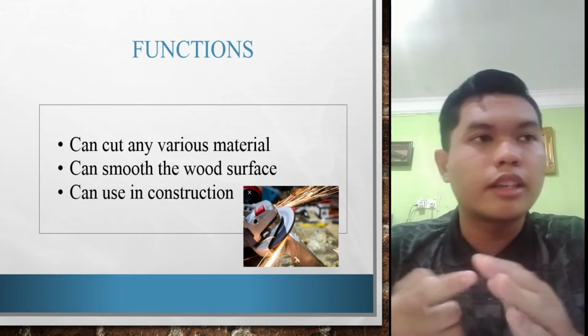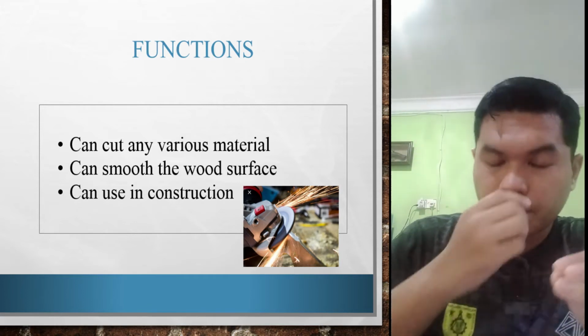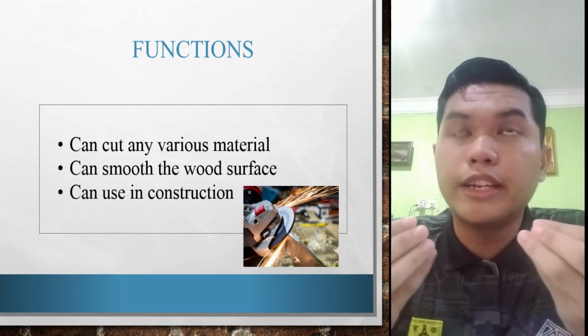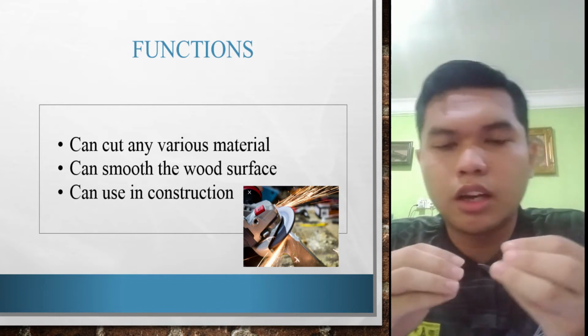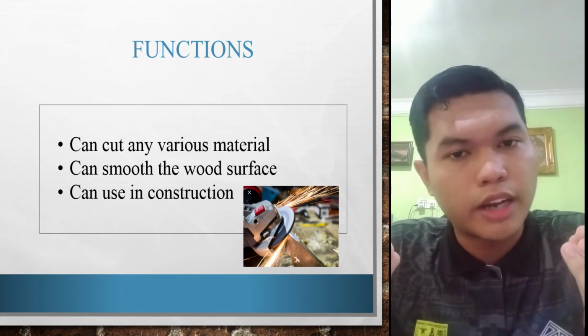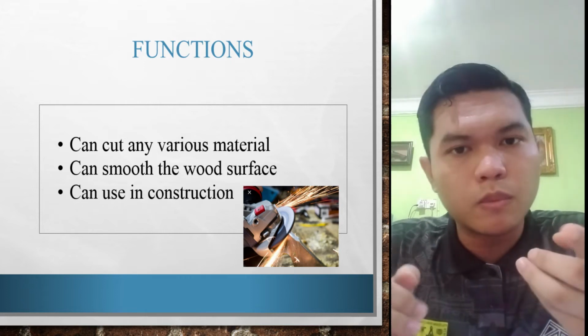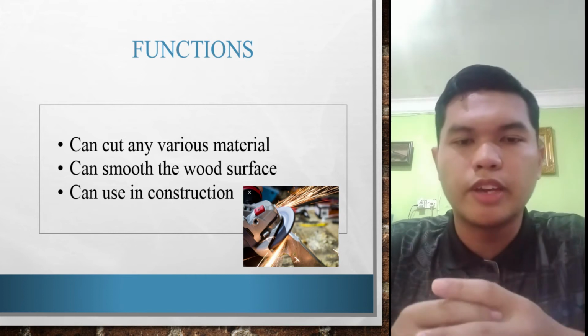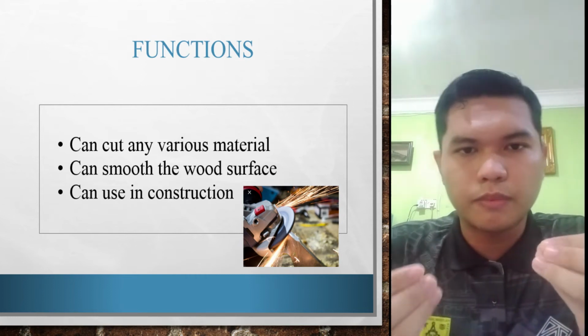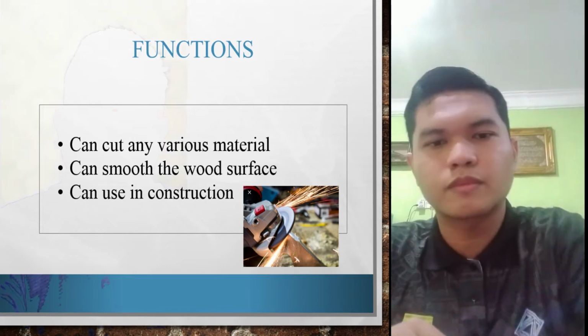And the third is that it can be used in construction. In construction, you can use it to cut materials like beams. The grinder machine is very sharp and rough.